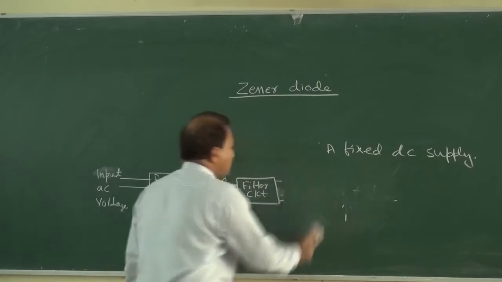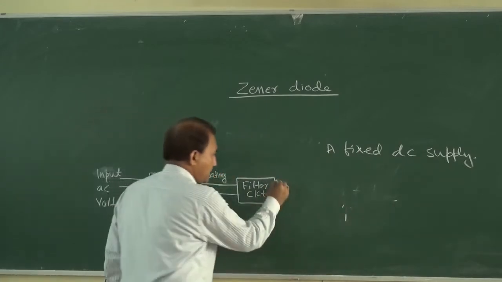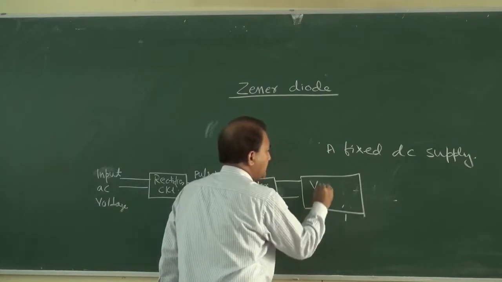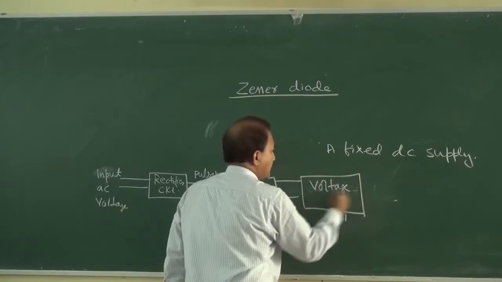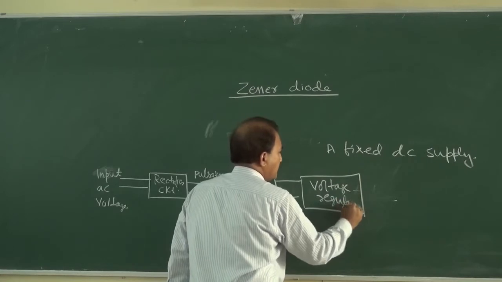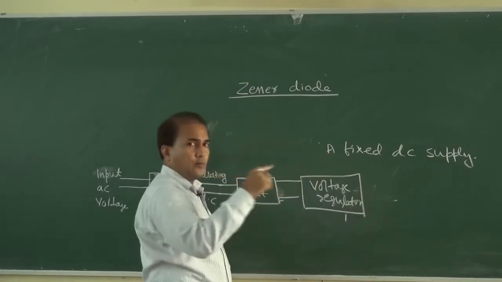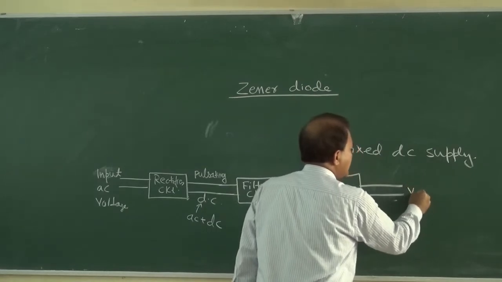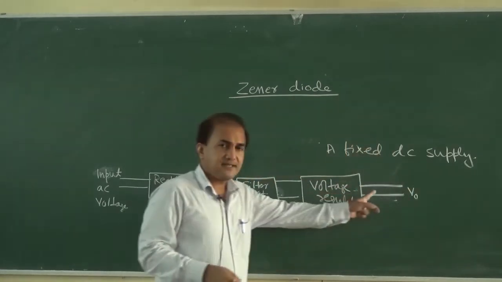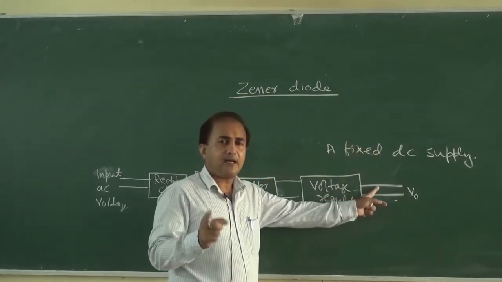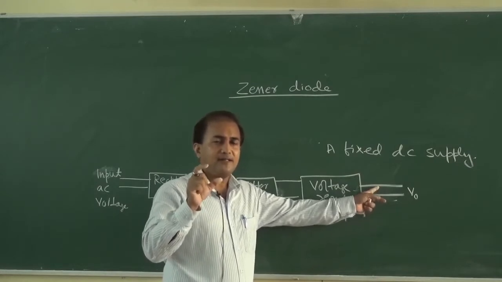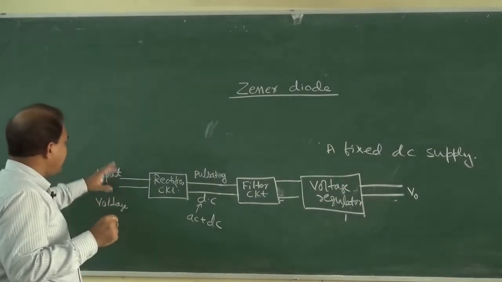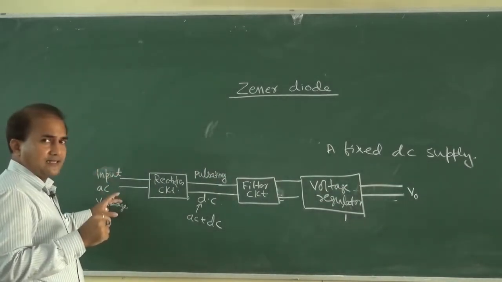So we have to connect one voltage regulator. The output of this voltage regulator is always fixed. So this V output will not depend upon the load, the change in RL, as well as the variation in AC input voltage.